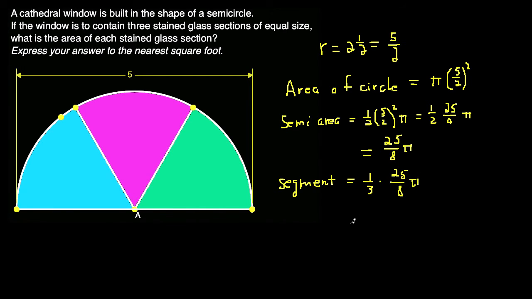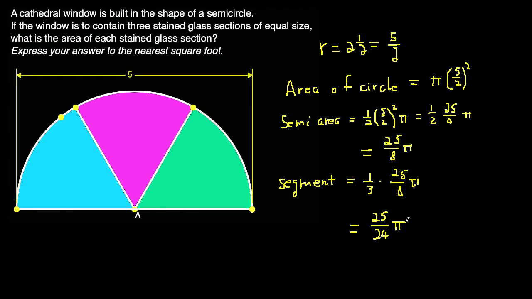And that's equal to 25 over 24 times pi. Okay, now they want the answer to the nearest square foot.